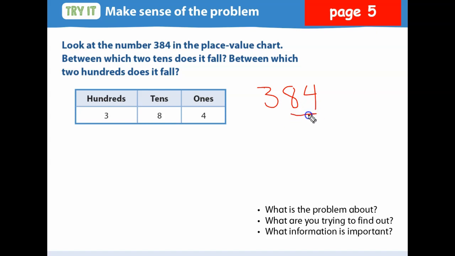I'm looking just at this section right here. So between two tens, it's between 80 and 90, right? However, it's 384, so 384 is between 380 and 390.